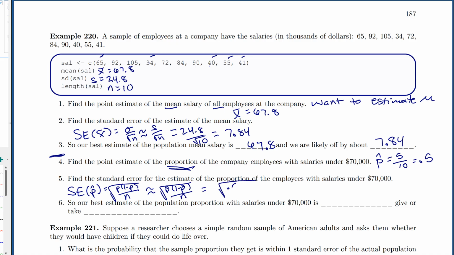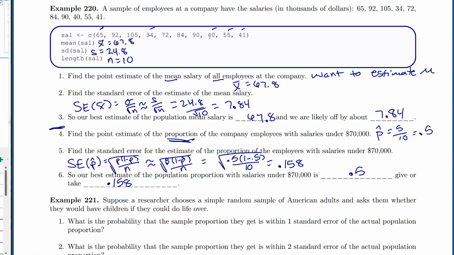We're going to do 0.5 times 1 minus 0.5 divided by my sample size of 10. So 0.158. So our best estimate of the population proportion with salaries under 70,000 is 0.5, give or take 0.158. So it's very useful when we want to take an estimate to know how close our estimate probably is to the true value.